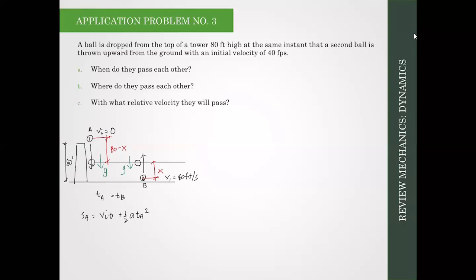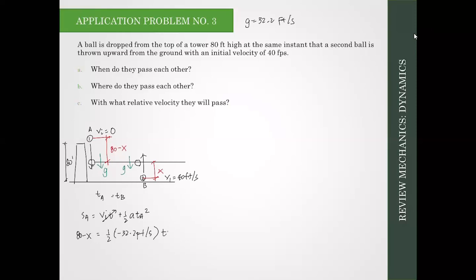So SA natin dito will be 80 minus X is equals to 0, kasi free fall siya, plus 1/2 ng G. Since ito ay English, 32.2 feet per second squared.